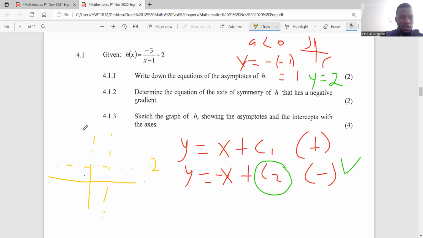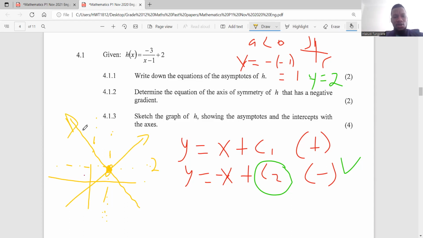And the one that they're talking about is the one that goes through here. It passes through this point. The other one goes this way, but we are looking for this one here, right?